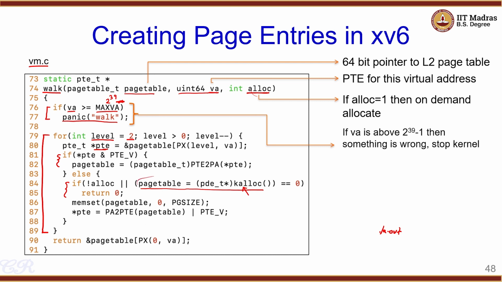And then you set the values of the page table to 0 for this new page frame that you have created, and if needed you can set the PTE valid bit of this new page frame to be equal to 1, right. So this way you are actually going through one level, and similarly the next iteration will go to level 1, repeat the same thing.